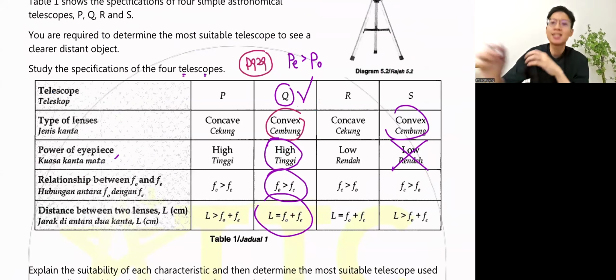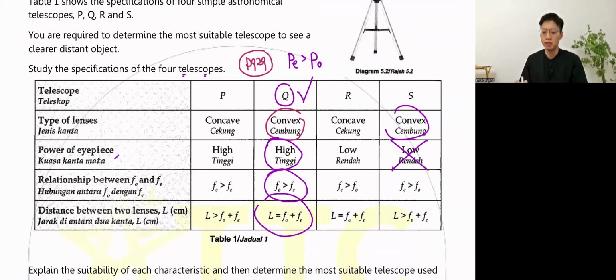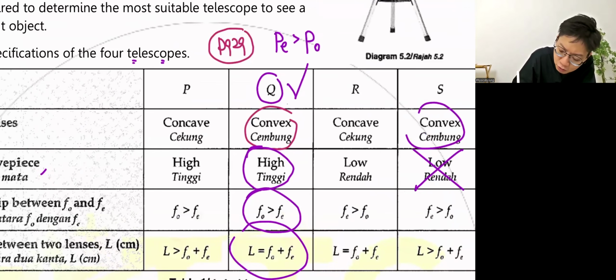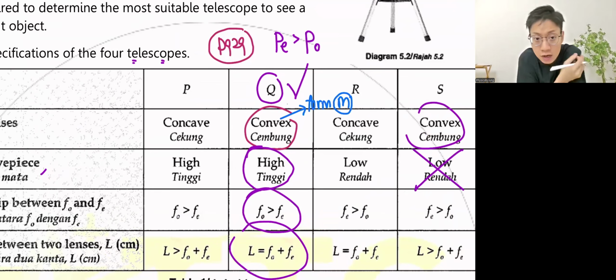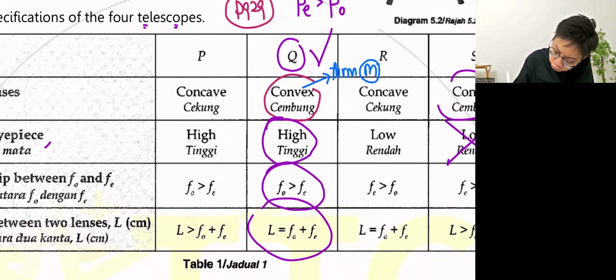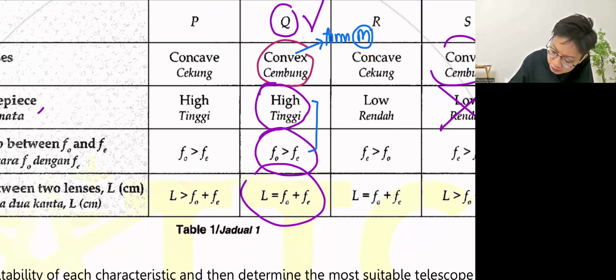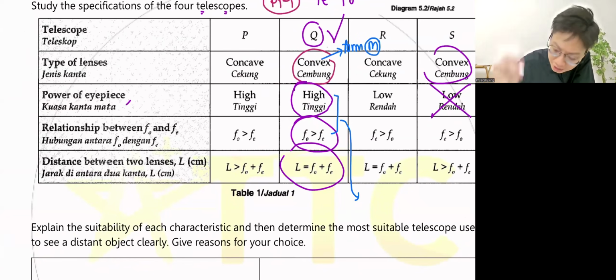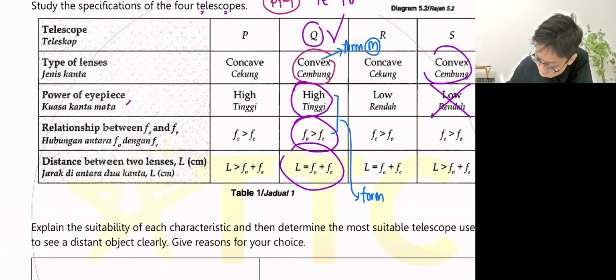Okay, can, guys. How are we going to explain this? If you ask me why convex, convex is because you want to form a magnified image, correct? For these two, your explanation is the same. Now, if your eyepiece has higher power, you will be able to form higher magnification.